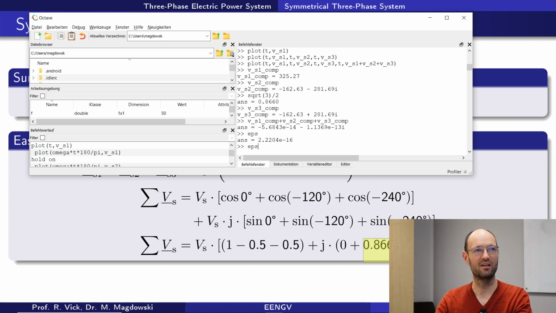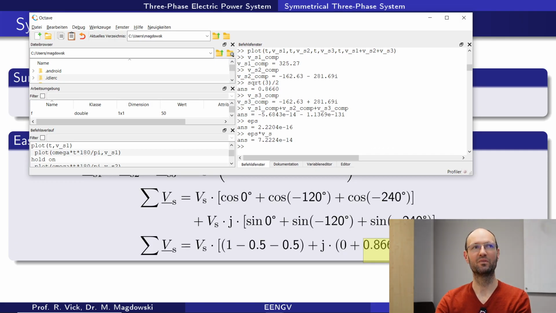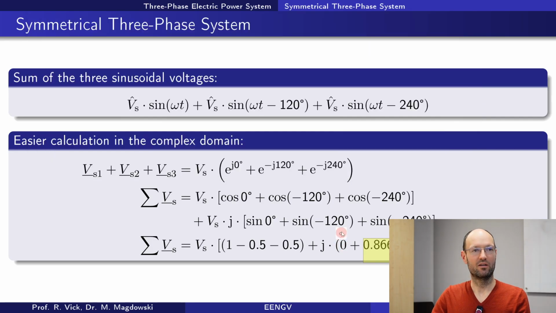So I think if we take this EPS and multiply it with our magnitude, then we get something in this order of 10 to the power of minus 14. And so this value is at least smaller. This is not really smaller, but numerically this is still something like 0 in this case. Yeah, so this makes sense. These are, let's say, just rounding errors of the computer. Okay.